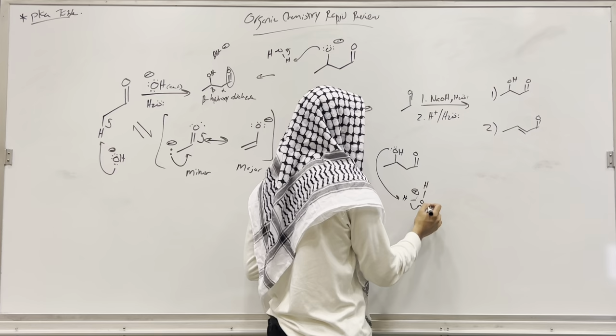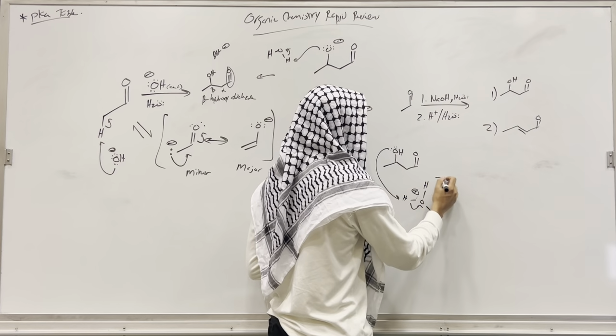You will get an alpha beta unsaturated carbonyl, or an alpha beta unsaturated aldehyde. Because that is a secondary alcohol in the presence of acid, it's going to dehydrate, right? So the mechanism is the same as an alcohol dehydration. So if we take the product of step 1 and put it in a reaction vessel with acidified water, hydronium, that's going to make this.